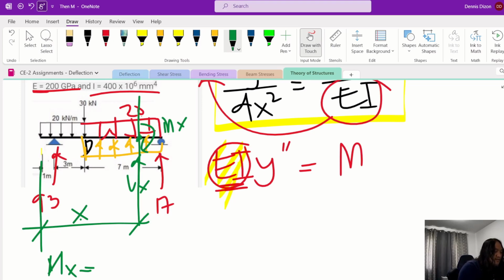So that's fine. So moment at X is equal to reaction at A, which is 93.